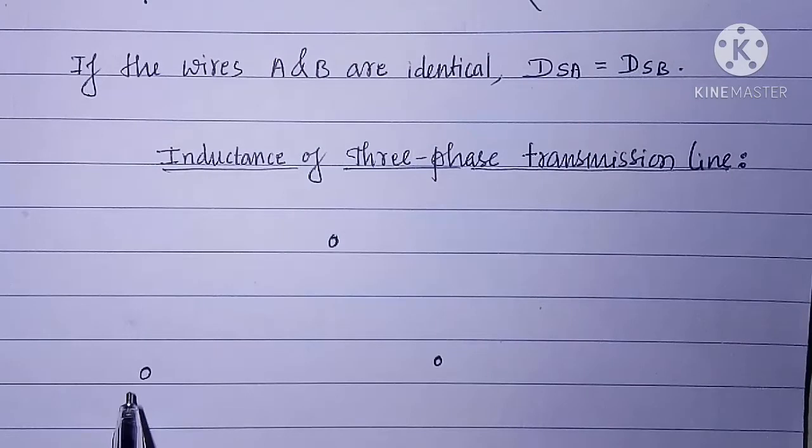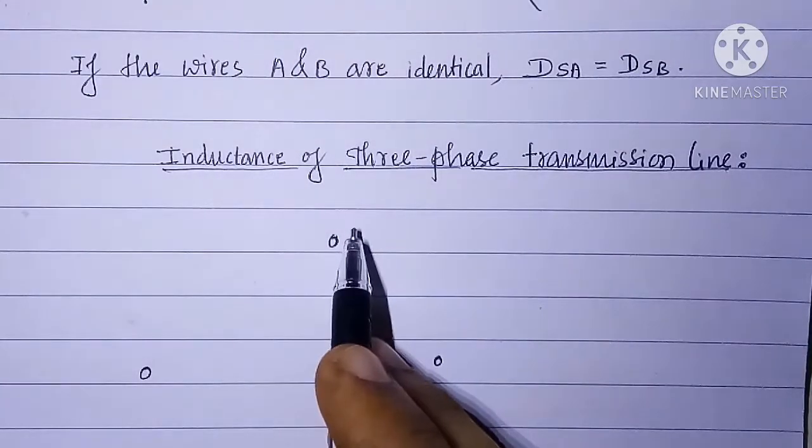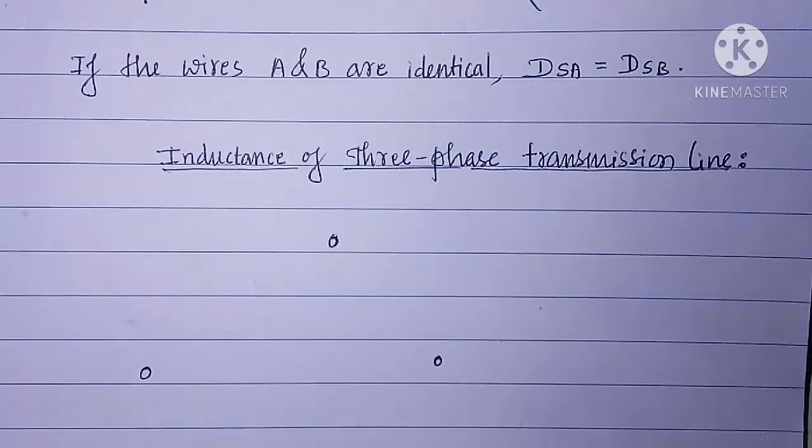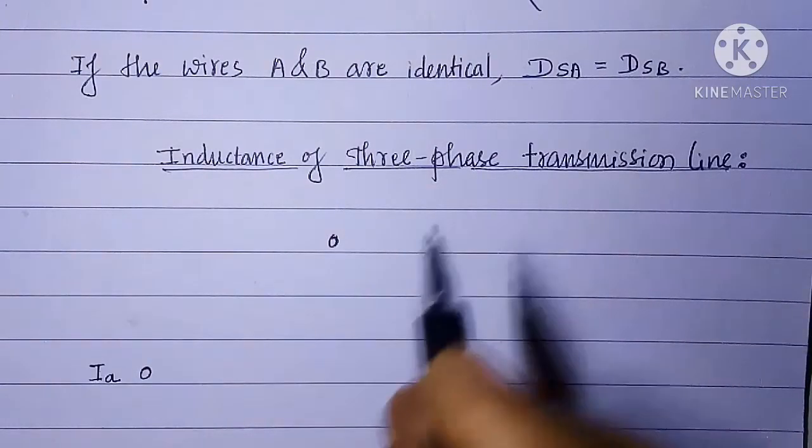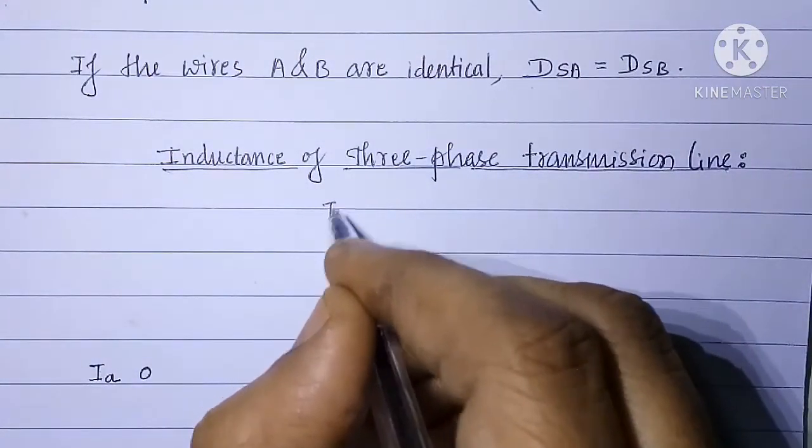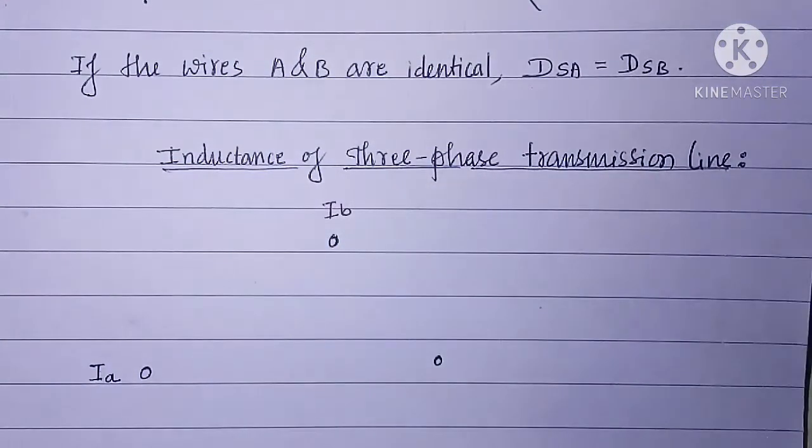Let us say here is first conductor, here is second conductor, and here is third conductor. And conductor number 1 is carrying current of IA ampere. Conductor number 2 is carrying current of IB ampere, and conductor number 3 is carrying IC ampere of current.